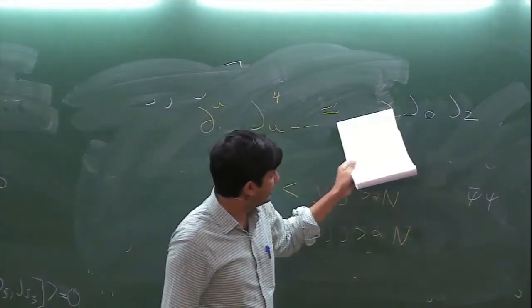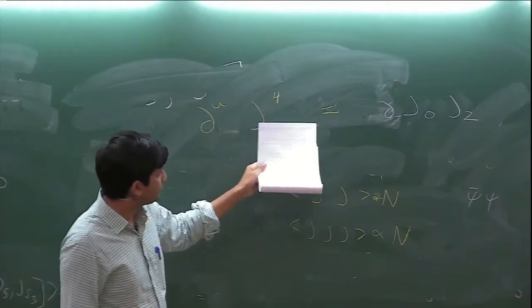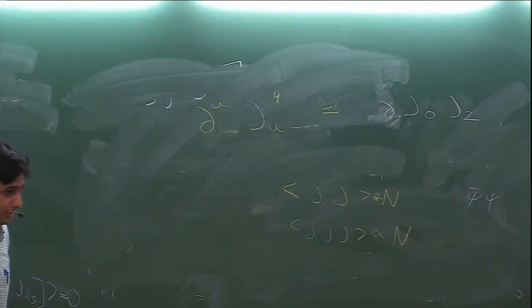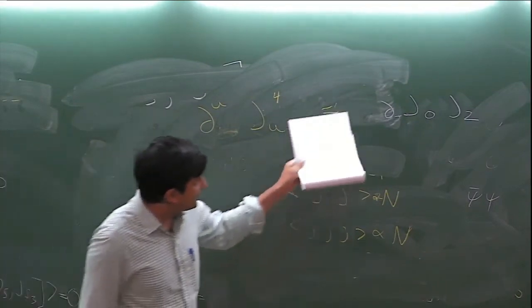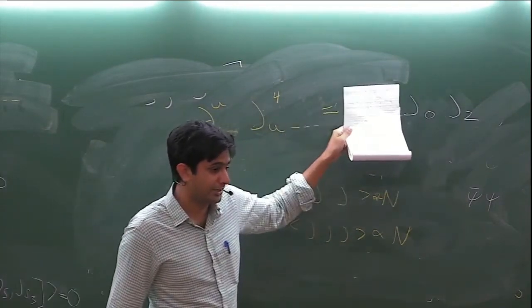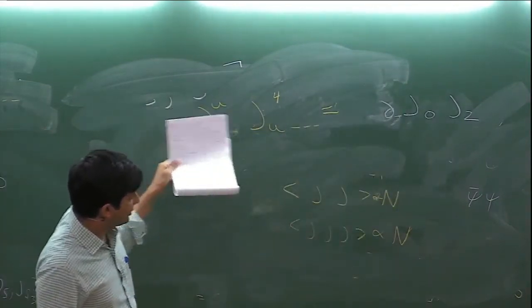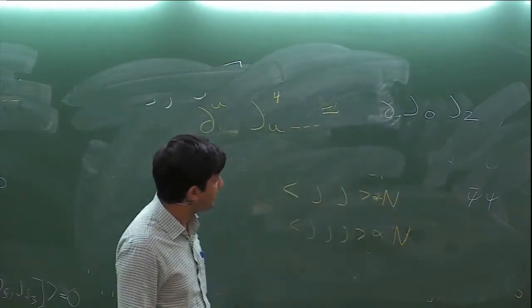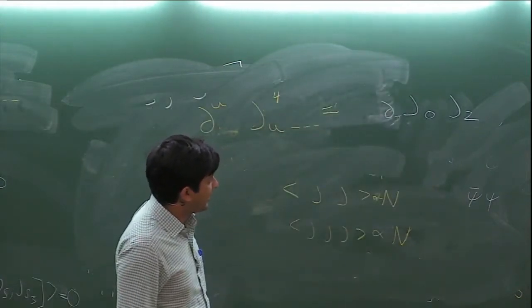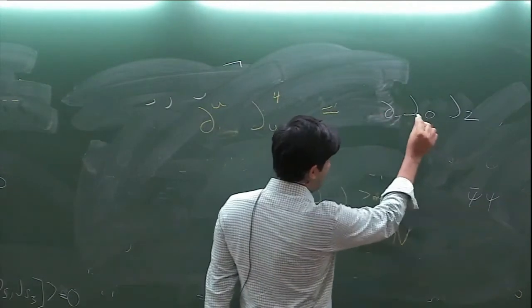You keep a single D minus to match the total spin. By demanding that it's a conformal primary, you can specify exactly how the derivative acts.